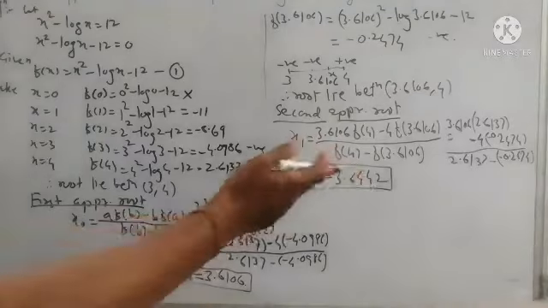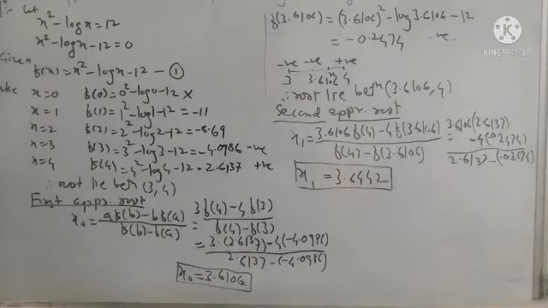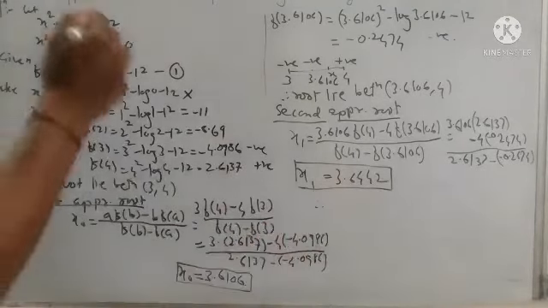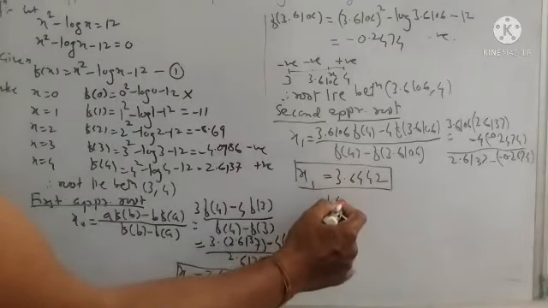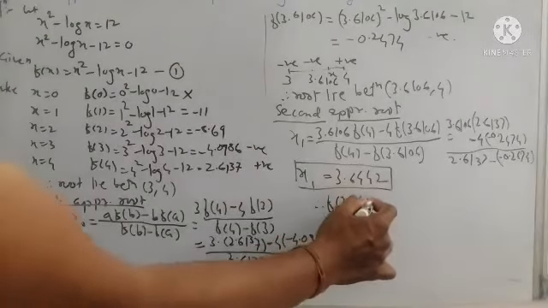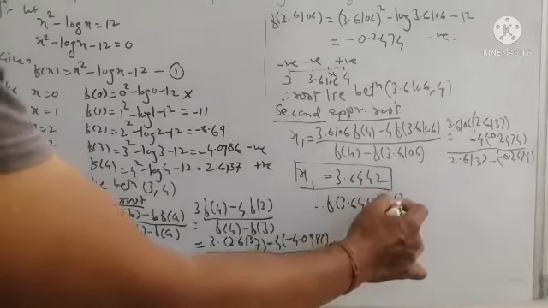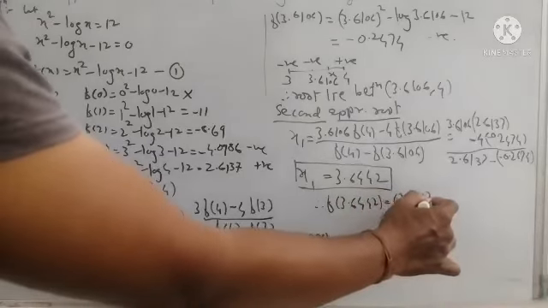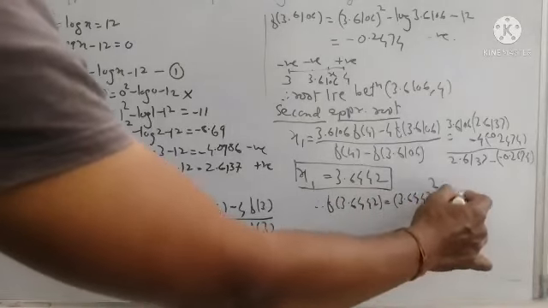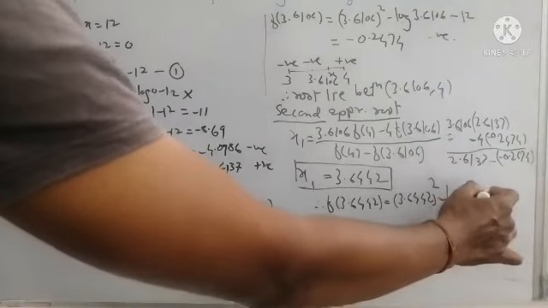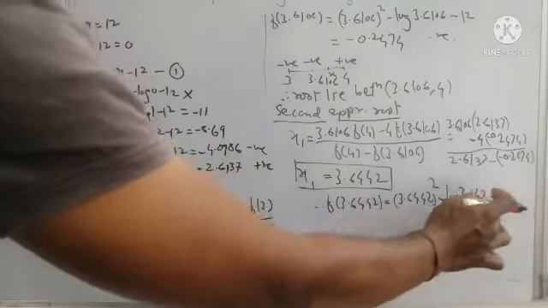We have to check whether it is a root of the function. For that we use equation number 1. On the left hand side we get f of 3.6442, and on the right hand side we get 3.6442 square minus log of 3.6442 minus 12.